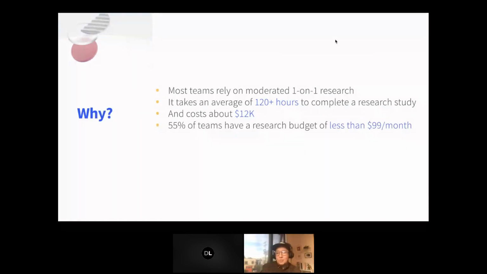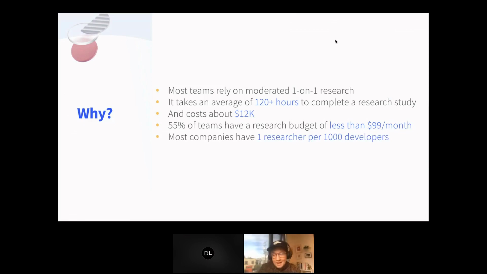So 55% of teams that even have research allocated as a resource or a budget don't have that much to spend on research, as I mentioned, because it is so costly and takes up a lot of time.